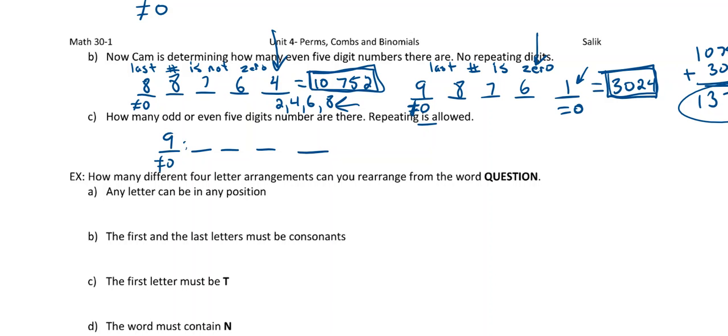But then after that, if repeats are allowed, then this number could be anything, right? This could be all the numbers from 0 to 9. So there's 10 of those, 10 of those for the next one, 10 of those, 10 of those. Okay, so there is 90,000 different ways.